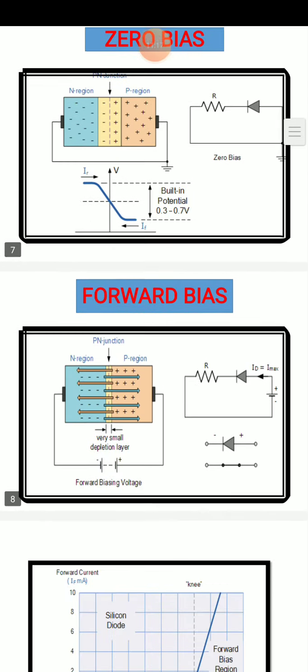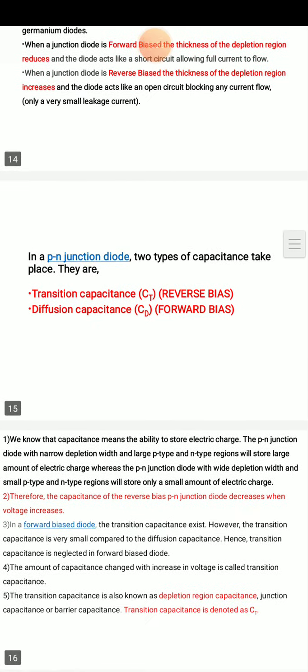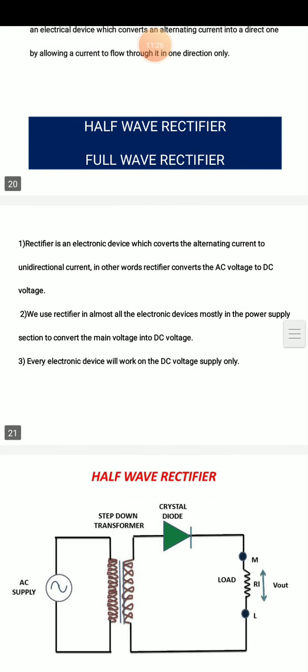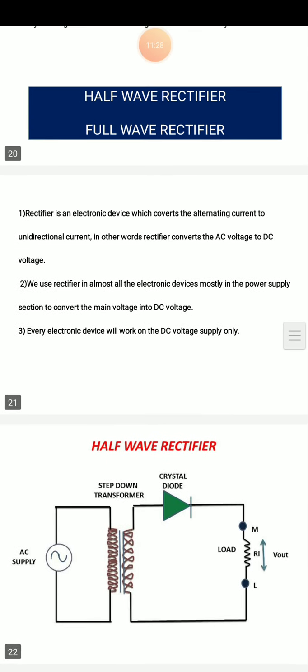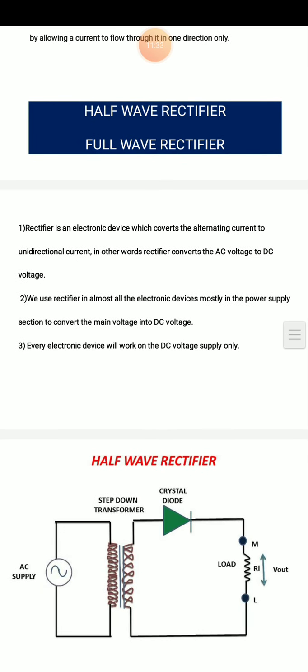The name itself implies it: half means half wave rectifier, and full means full wave. You can mention that here. Next, we use rectifiers in almost all electronic devices, mostly in the power supply section, to convert the mains voltage into DC.